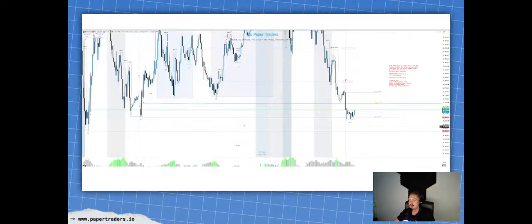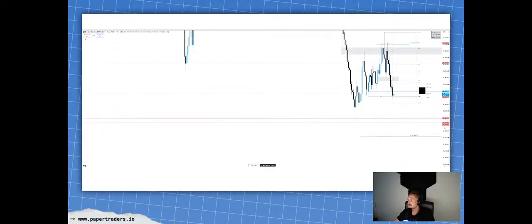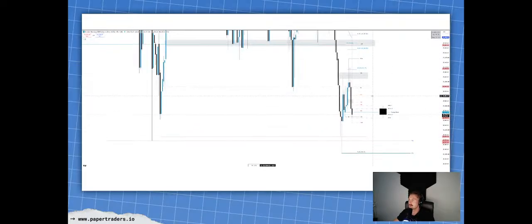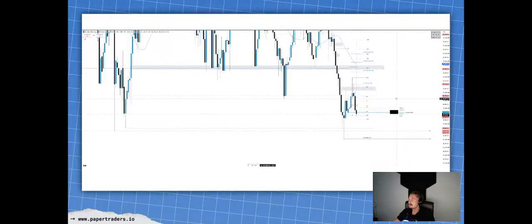So looking at the 4 hour. As always, we start analysis on the 4 hour. Right, so this is what we're going to go back to here. We'll take a screenshot and we'll begin.